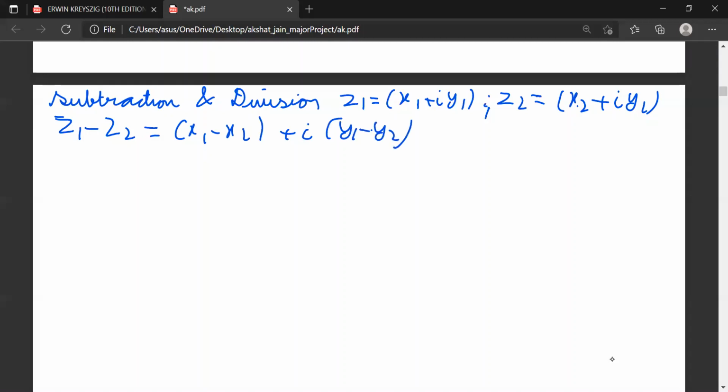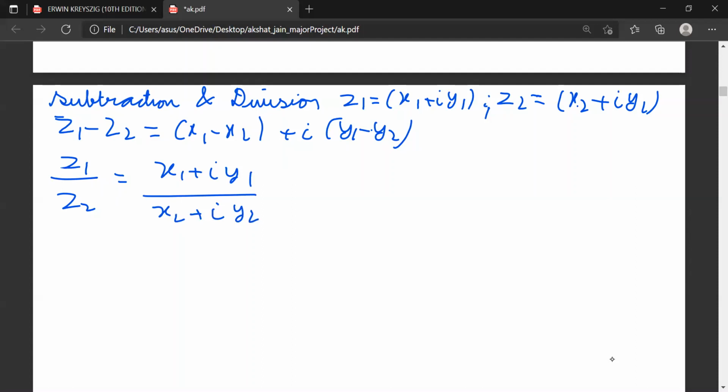Similarly, we will do division as well. Let's see the example of division: Z1 by Z2. We can write it as x1 plus iota y1 divided by x2 plus iota y2.